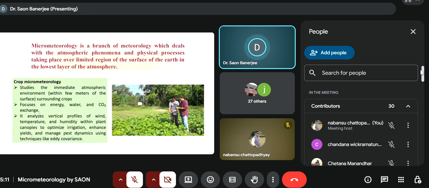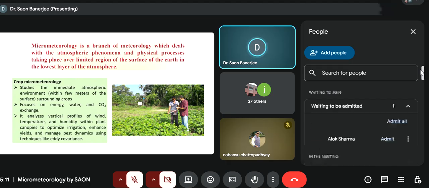And why is that vertical profile needed? To optimize irrigation, that is, how much this particular soil is drying up, to enhance the yield, and to manage the pest dynamics, as already told by Dr. Chattopadhyay sir, that for the pest dynamics there is also a need for micrometeorology.